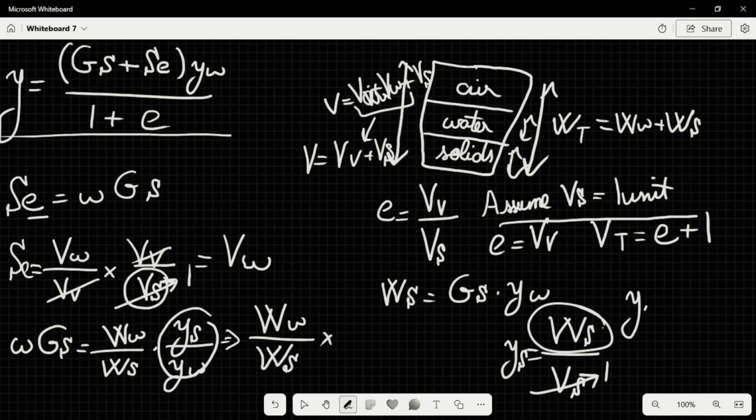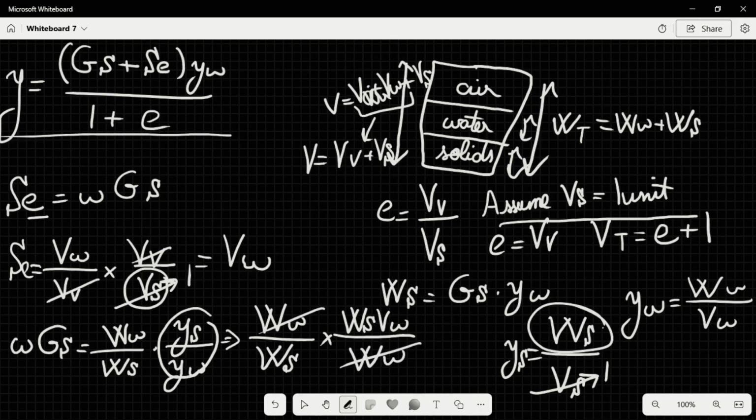The unit weight of water is the weight of water divided by the volume of water. And here we have to keep this relation. And since it's on the bottom, this will flip. So we multiply by the weight of solids times the volume of water over the weight of water.